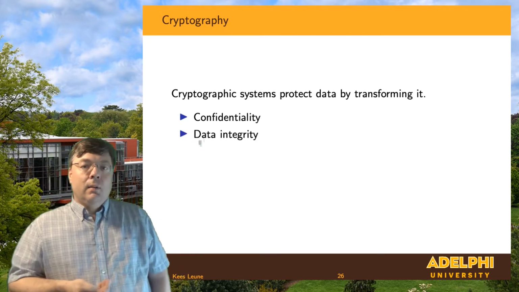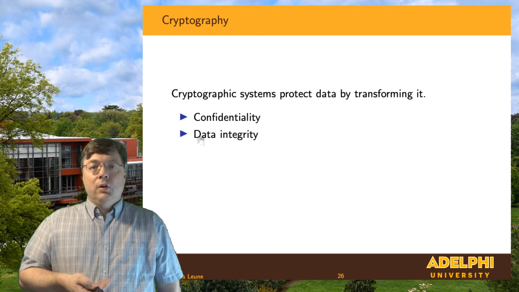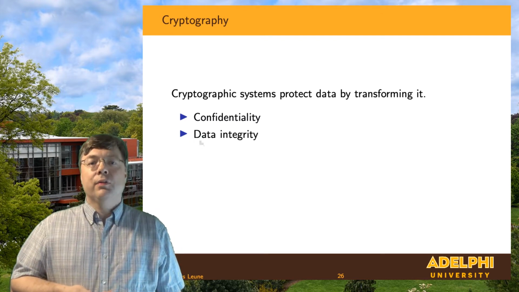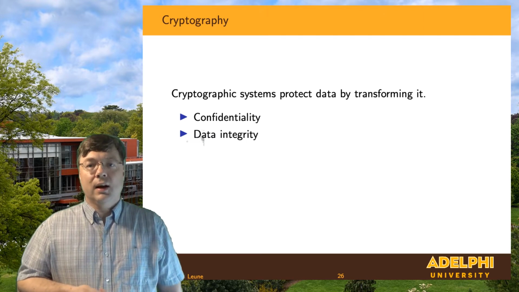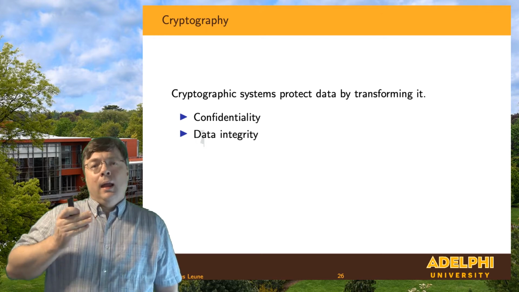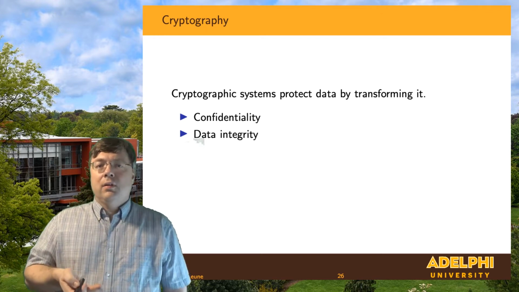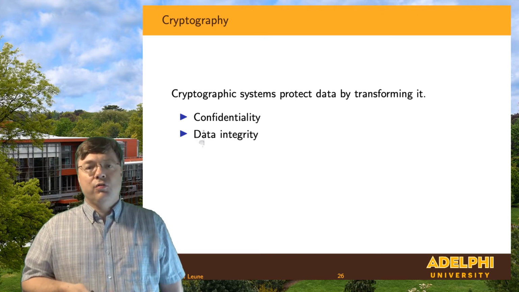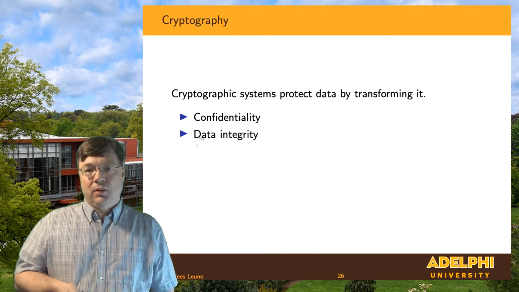The second protection we can get with the use of cryptography is data integrity. Data integrity is a little different than the I that we know from the CIA triad. That's what we talked about right in the beginning. In terms of cryptography, data integrity means data has not been changed, or if it has been changed, we can detect that it has been changed.